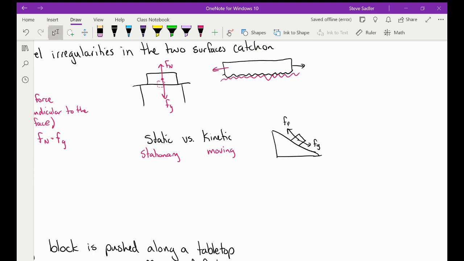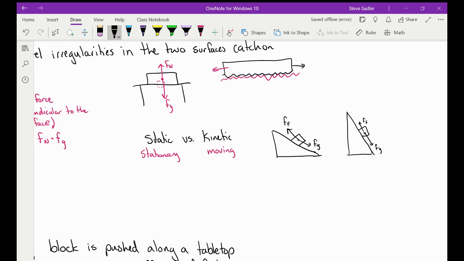So if the static friction is large enough that it can fight against the force of gravity, that book isn't going to move. But if I were to make it really, really steep, we know that the gravity is going to be a lot bigger, and that force of static friction won't be able to fight that, and the book will slide.